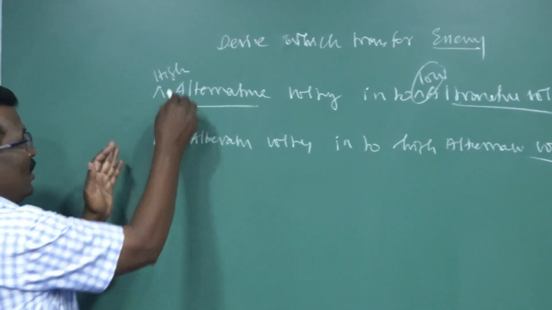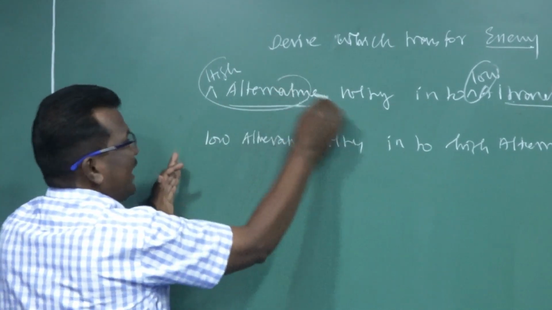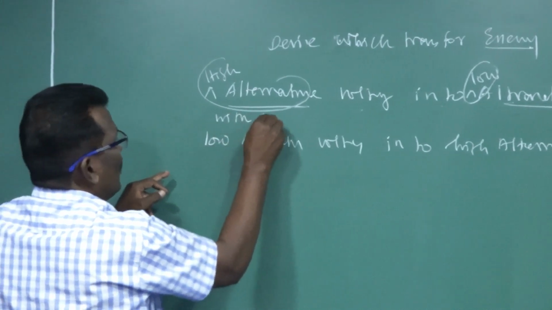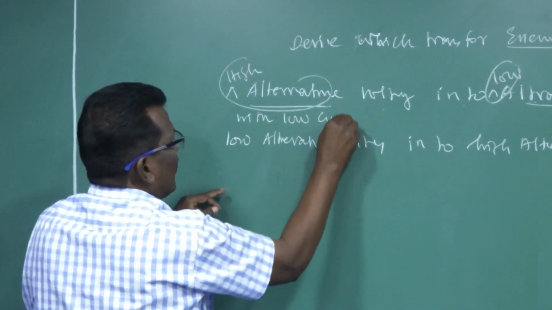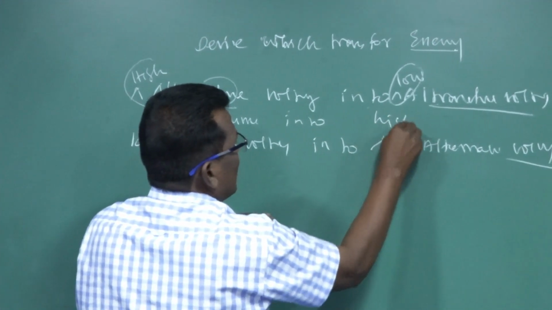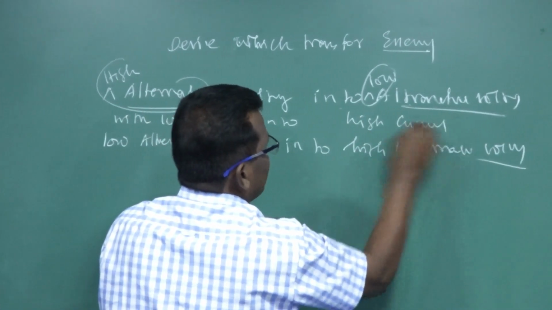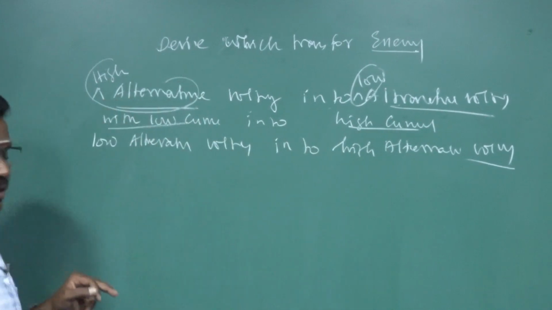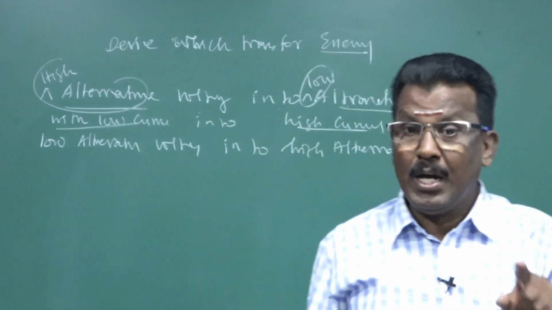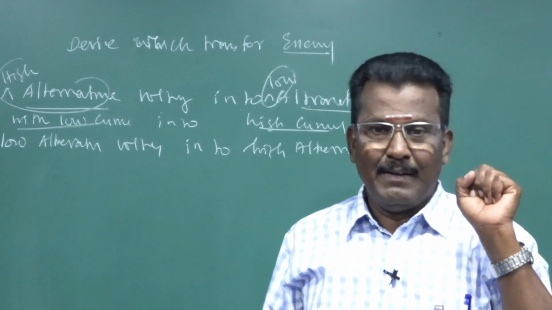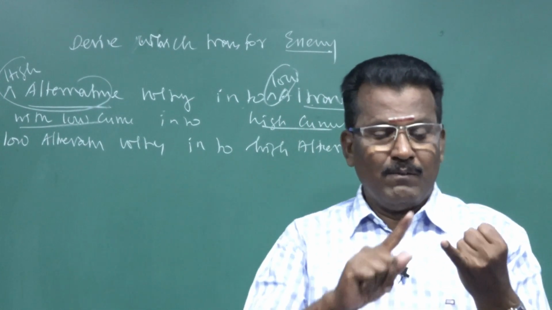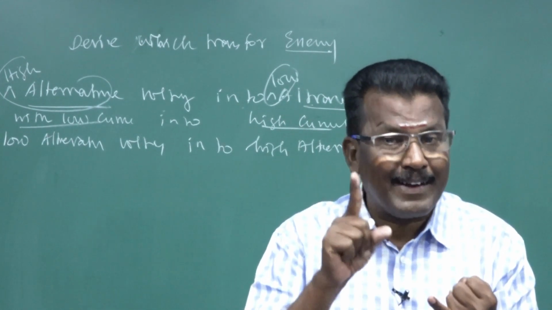So high alternating voltage with low current into low voltage with high current. The transformer transforms not only the voltage but also the current. Where the voltage is high, the current is low. Where the voltage is low, the current is high.